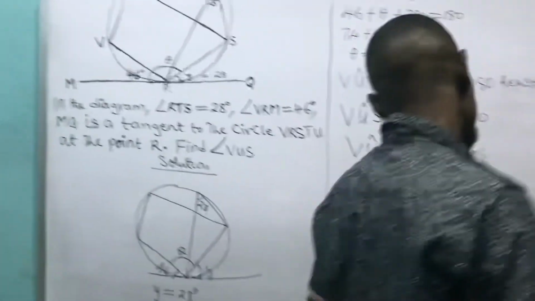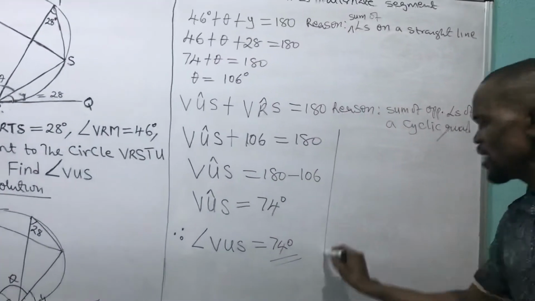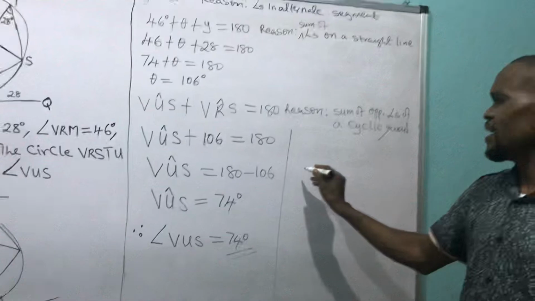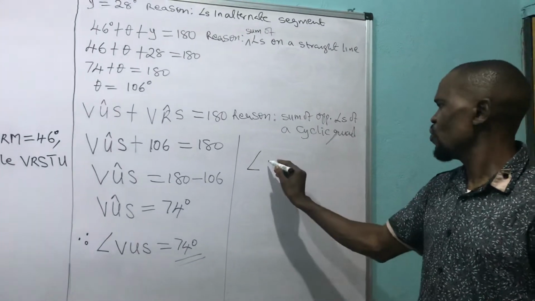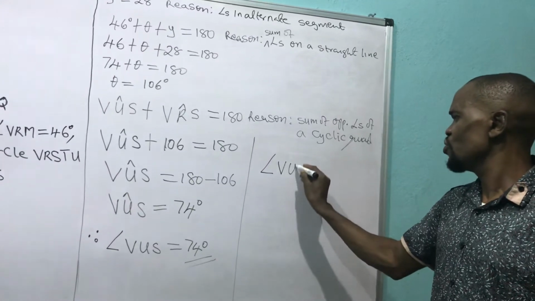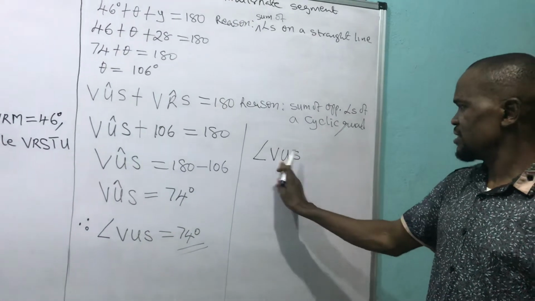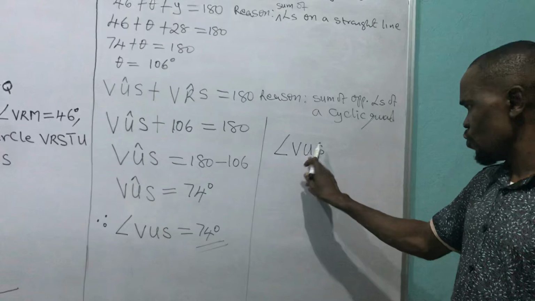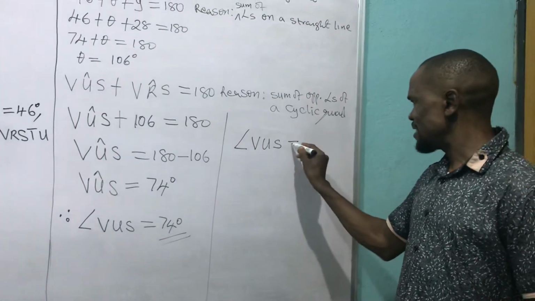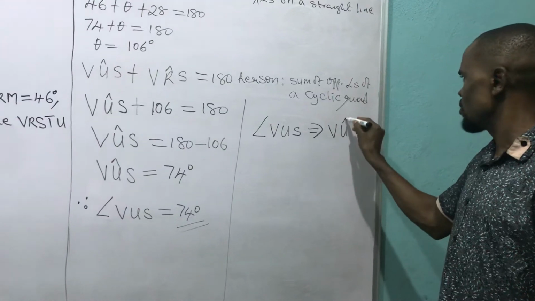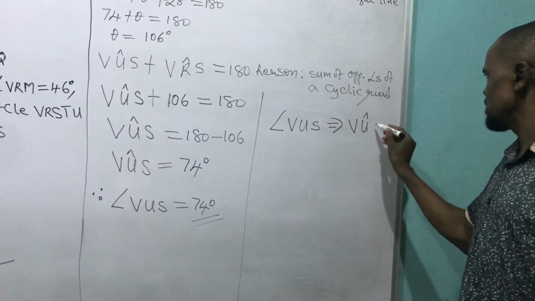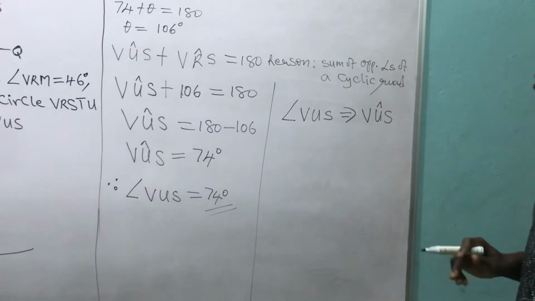Then again, what I want us to also learn is another way I can represent an angle. This is another way to represent angle VUX. This is angle VUX. The one with the hat on it shows the angle, where the angle is situated.